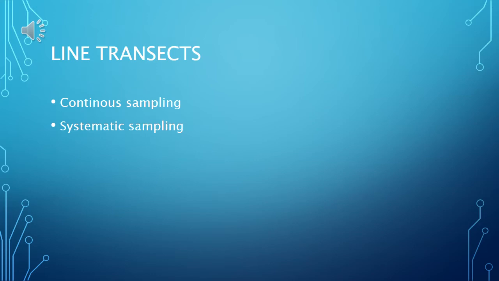So a quick way of doing samples is having a line transect. In a line transect, the transect is placed in a straight line between 2 points in the direction of the environmental gradient we wish to study. For example, high tide or low tide, or reef boundaries in the coral reef. So there's two ways of doing it.